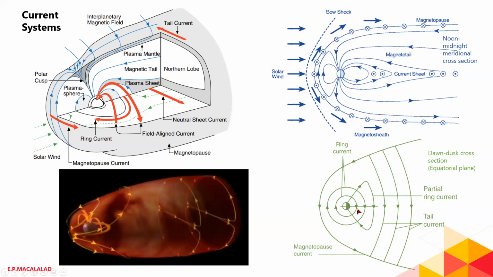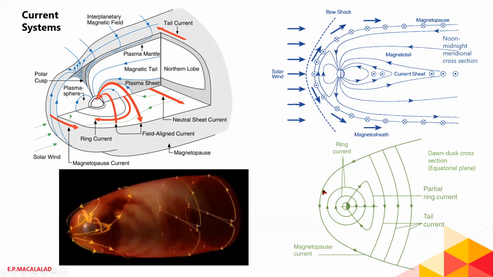Looking from the north, you can see that this is your ring current rotating westward. This is the magnetopause current. This is the tail current. And these are the partial ring current.